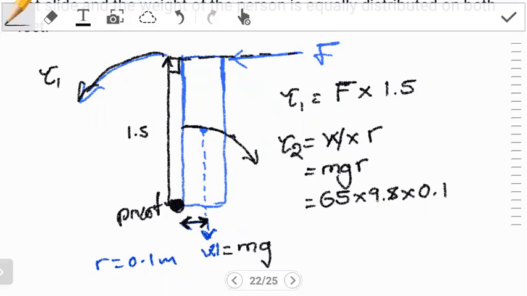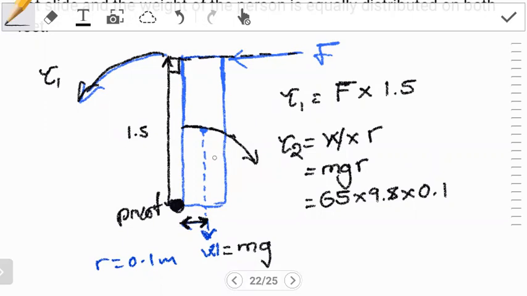In this case, we want to find the force which is sufficient to cause rotation in the anti-clockwise direction. Such a force has to be such that when we multiply it with the 1.5, it gives a product which is greater than the product of the weight times R. That is what we want.